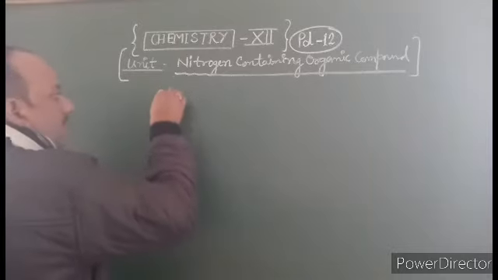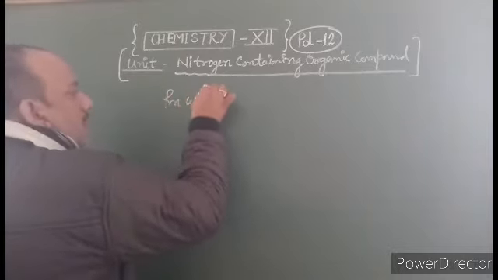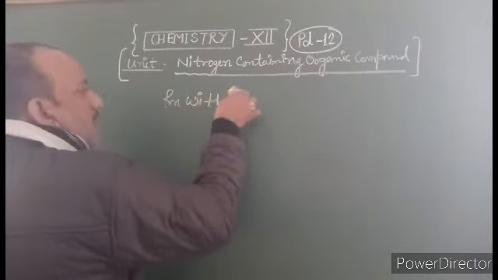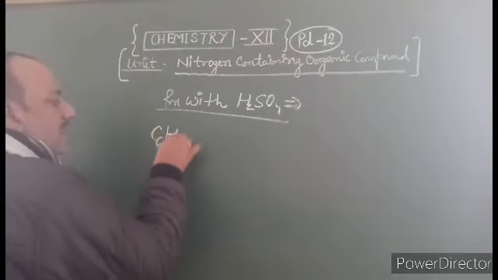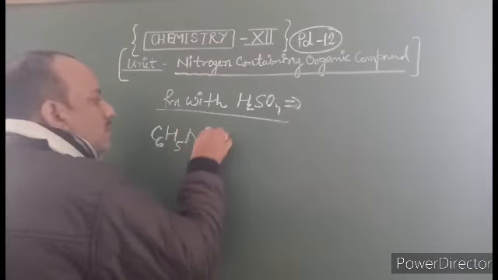Now another reaction is with sulfuric acid H2SO4. It also gives an addition product. The formula of aniline is C6H5NH2.